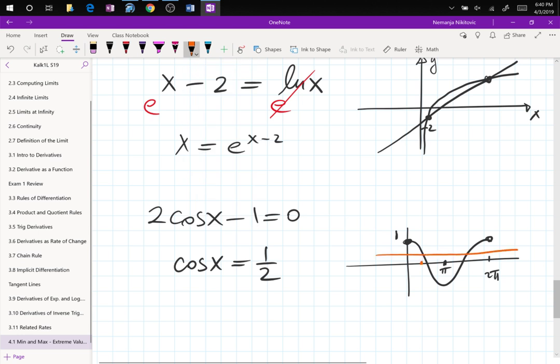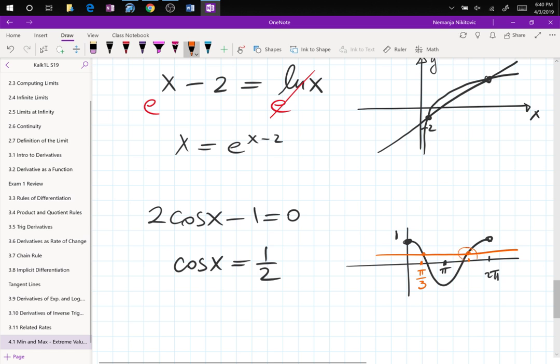So here they are. So where are my positive values? My positive values of cosine when it's equal to a half are pi over 3 and this one.